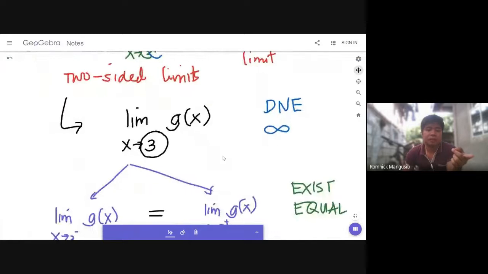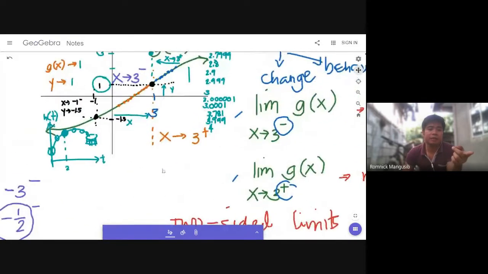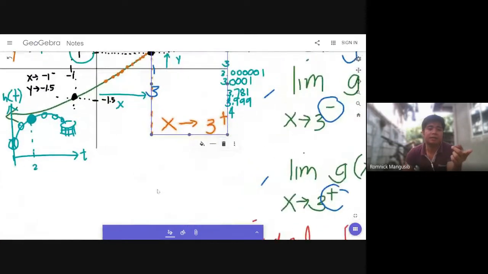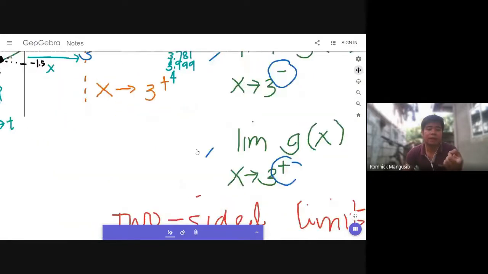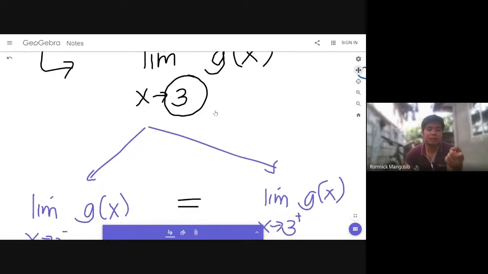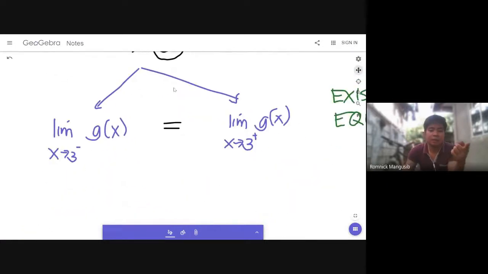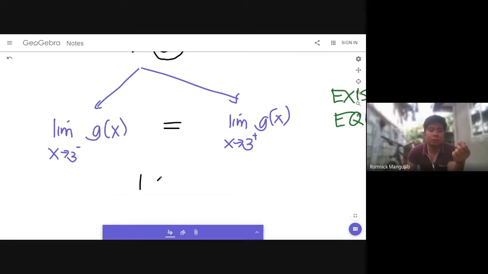So, dahil lang nangyari kanina as x approaches 3 from the left and x approaches 3 from the right, ang nangyayari sa y ay palapit naman ngayon sa 1. Ang pwede nating sabihin dito is in the two-sided limits, makikita na natin dito na ang left ay 1, ang right din ay 1. So, ibig sabihin, they both exist because 1 is a real number and they are equal because 1 is equal to 1.